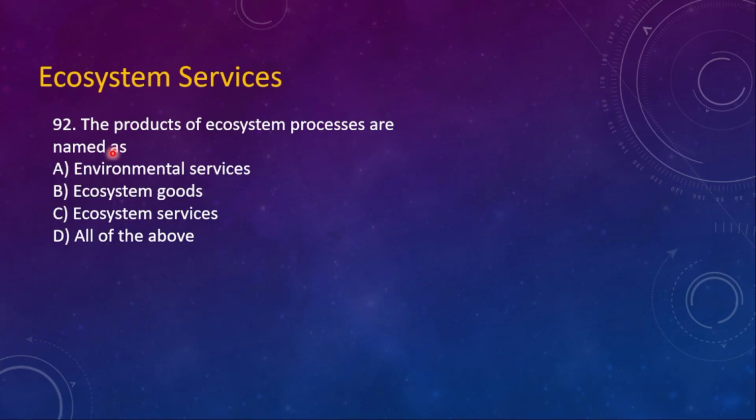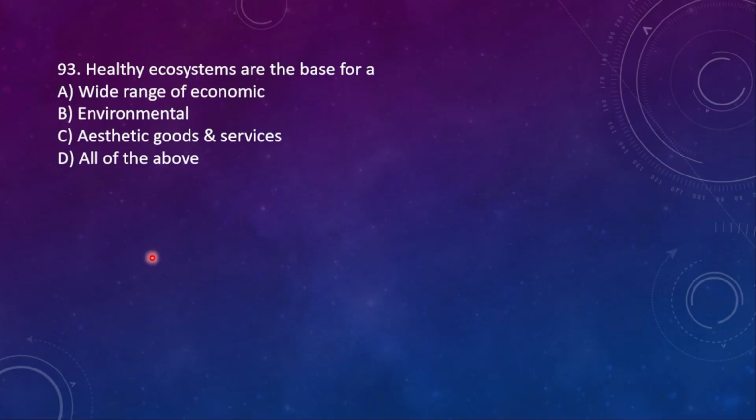From ecosystem service, the product of ecosystem processes are named as environmental service, ecosystem goods, ecosystem service, and then D, all of the above. Here the right option is C. 93. Healthy ecosystems are the base for a wide range of economic, environmental, aesthetic goods and service, all of the above.